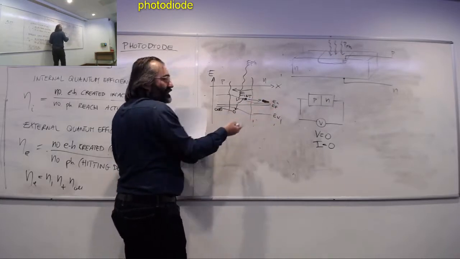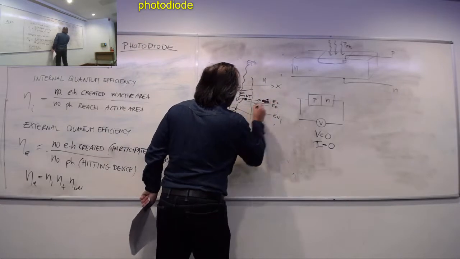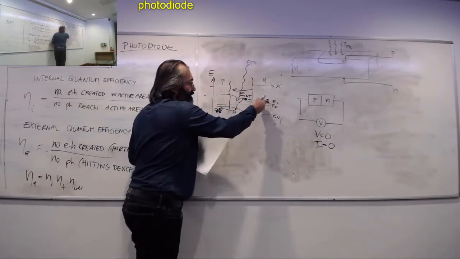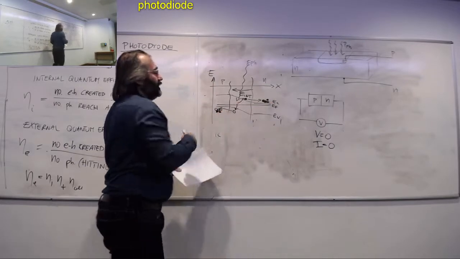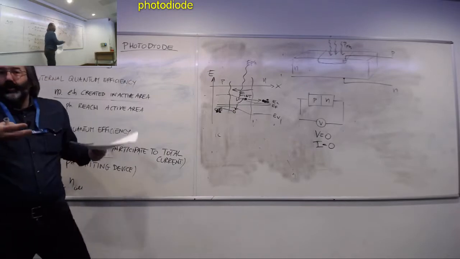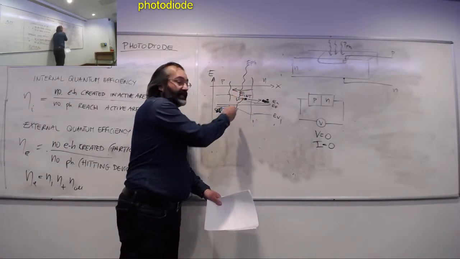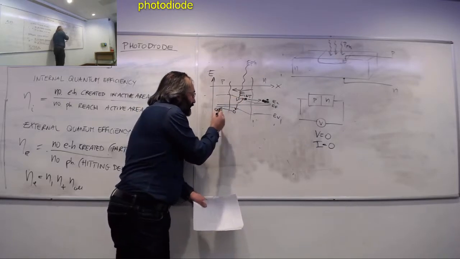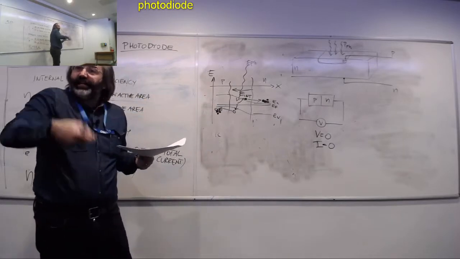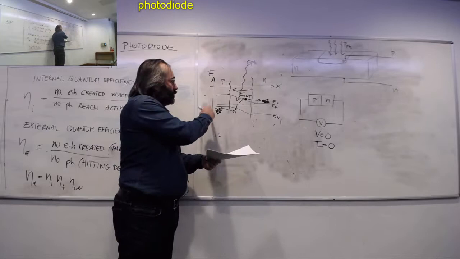And so this means that eventually I have more and more charges, electrons here and holes there, that although they are recombining as well, will overall increase as the photon flux increases. Some recombine, but if I'm generating more and more, those that are here will start to increase as well.